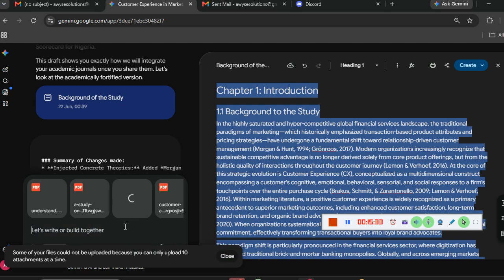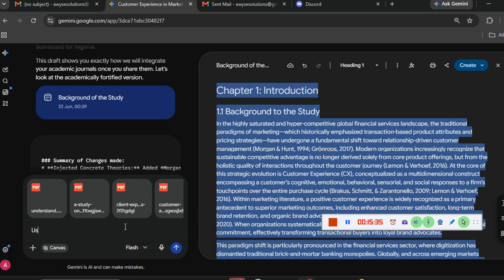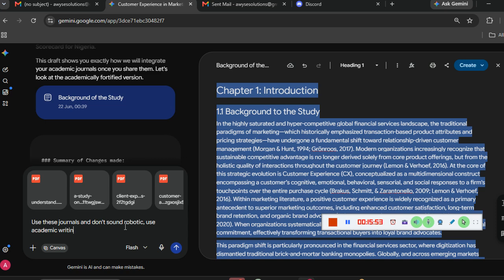Okay. Use this journal, and don't sound robotic. Use academic writing.